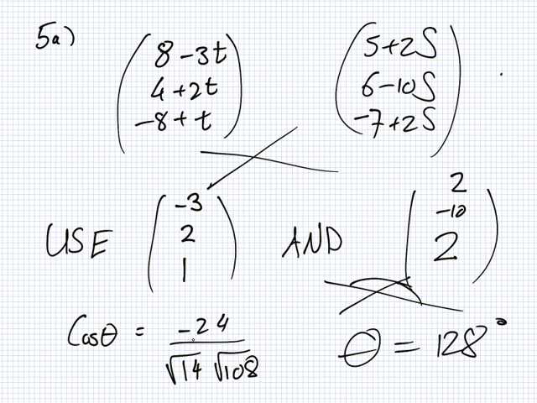And then this is the square root of 9 plus 1 plus 4, which is 14. Then 4 plus 100 plus 4 is 108. And I did write these down: minus 3, 2, 1, and 2, minus 10, 2.